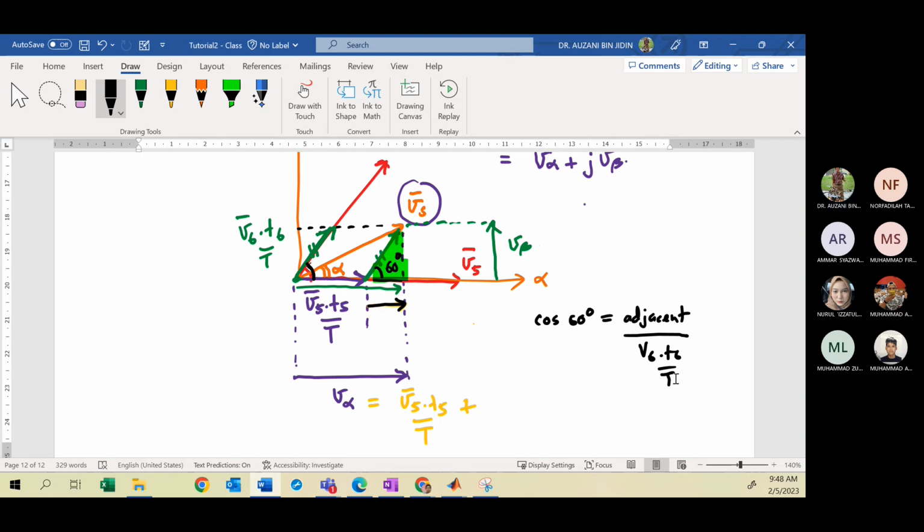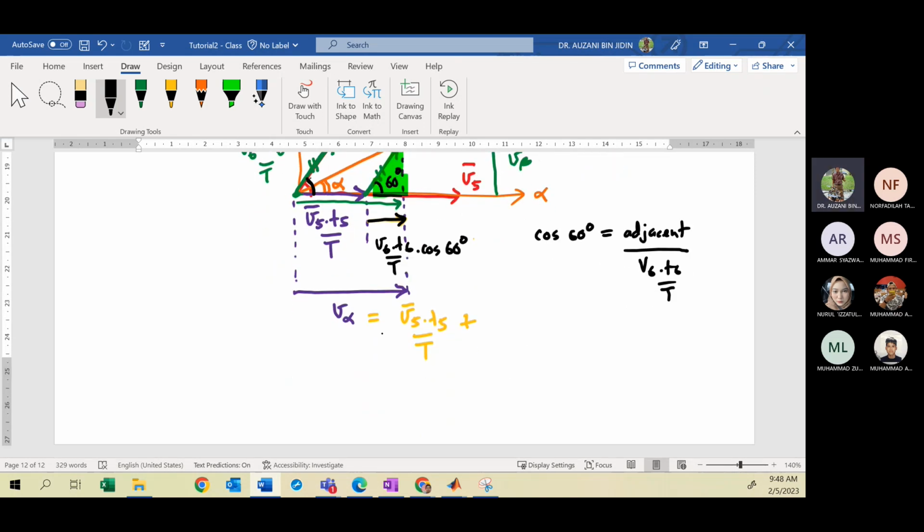Then from there you can calculate the adjacent. So this component vector is V6 T6 per T multiplied by cos 60 degrees. So your V alpha is the sum of V5 T5 per T and V6 T6 per T times cos 60 degrees. Okay, clear?